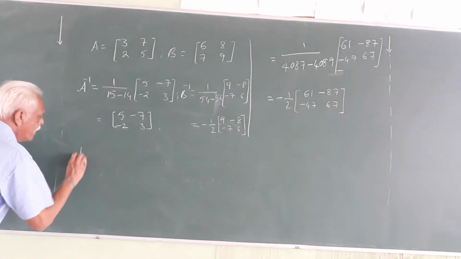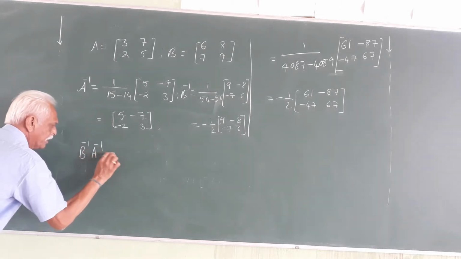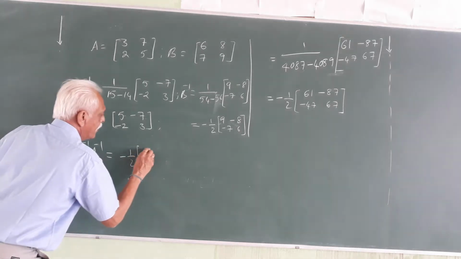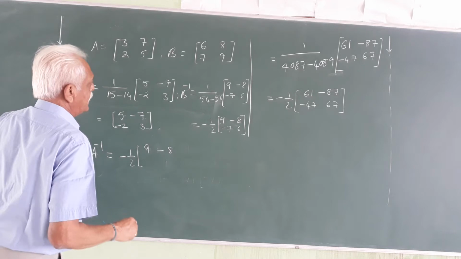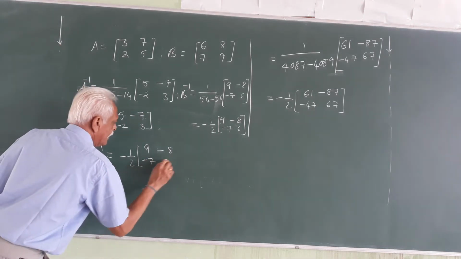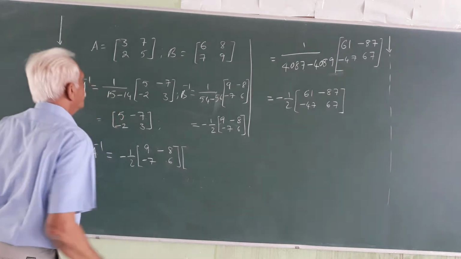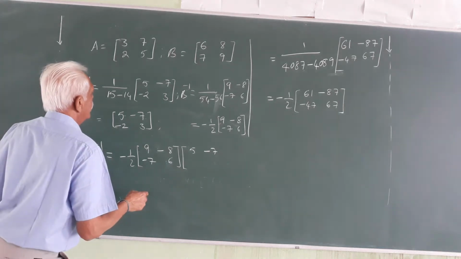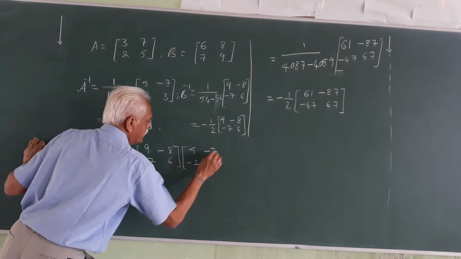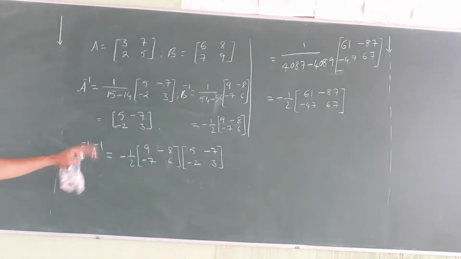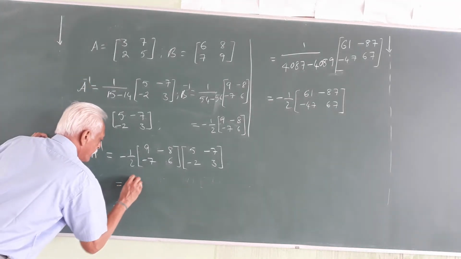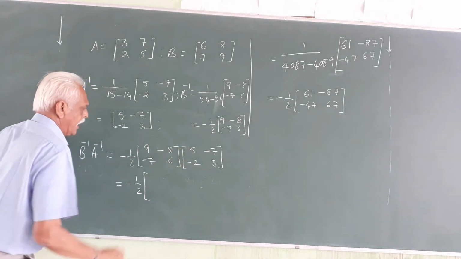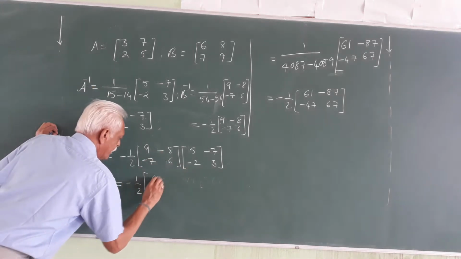Now we need B inverse into A inverse, which is equal to minus 1 by 2 into [9, minus 8; minus 7, 6] into [5, minus 7; minus 2, 3]. So keep minus 1 by 2 as it is. Now take the product. 9 5s are 45 plus 16.